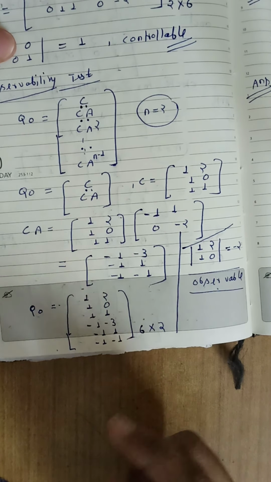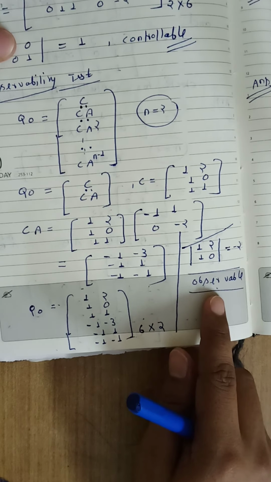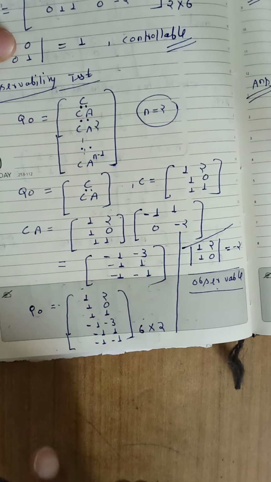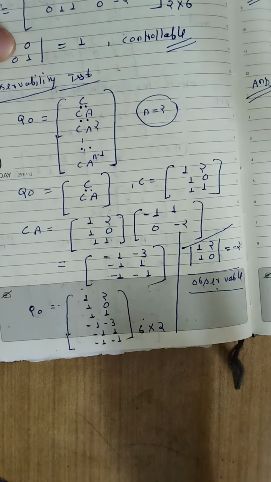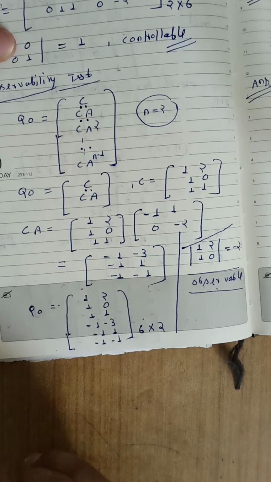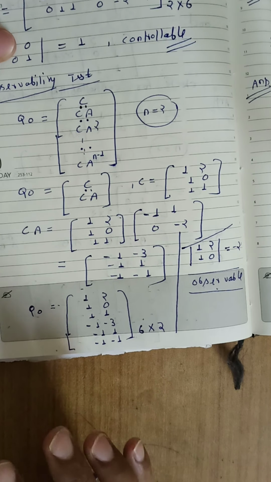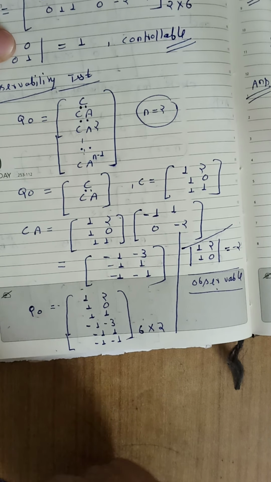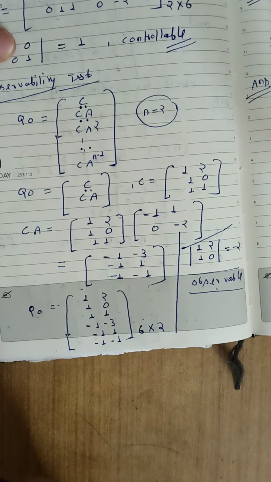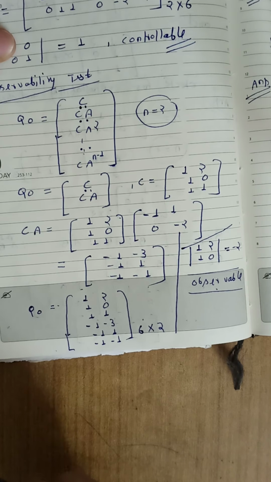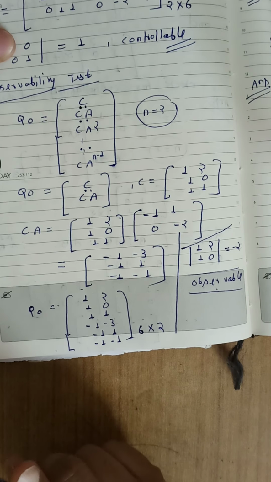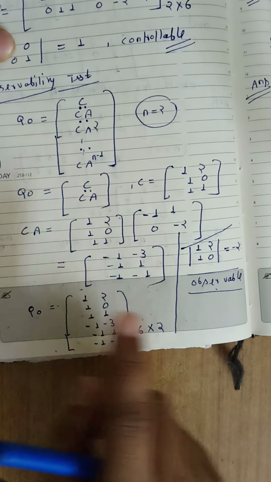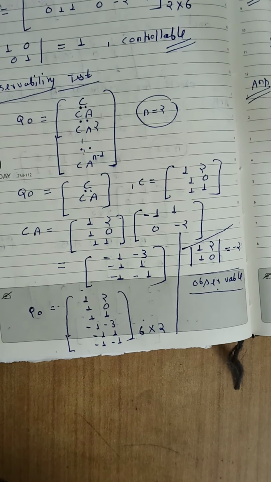If it is non-zero, we can say the system is observable. If it is 0, then we will move to the third submatrix of size 2 cross 2. Finally, if the determinant of all submatrices is 0, we can say our system is not observable. If the determinant of any one submatrix is non-zero, we can say our system is observable. So here the system is observable and the system is controllable.